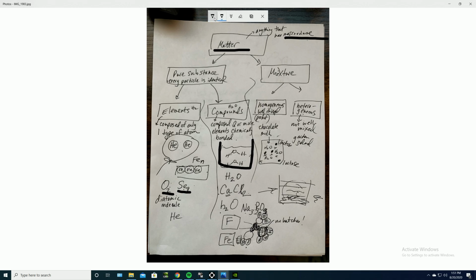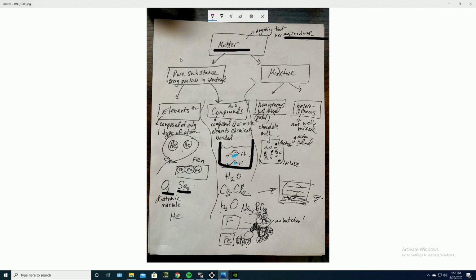Here you can see we have two waters. Since we have two or more elements chemically bonded and there are no imperfections, no other minerals in the water, it's just pure H2O, so it would be a pure substance. And this is what we have written up here. This is the compound.